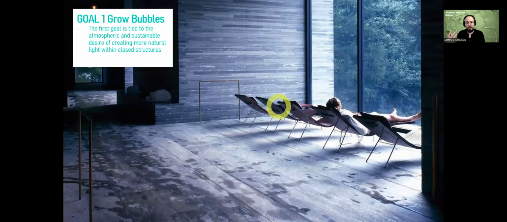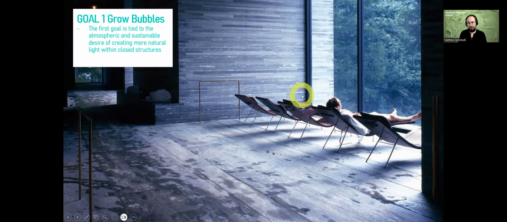So we wanted to think about what kinds of goals would help rationalize and guide these movements. For growing the bubbles, again, this is a design intent. It's tied to an atmospheric and sustainable desire of creating more natural light within the closed structures.